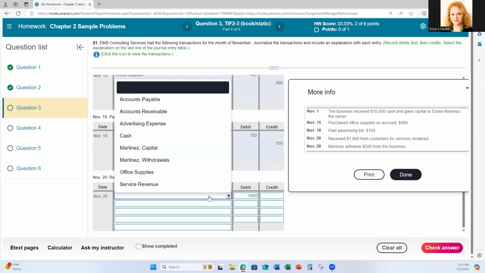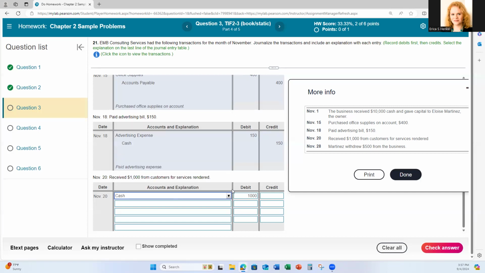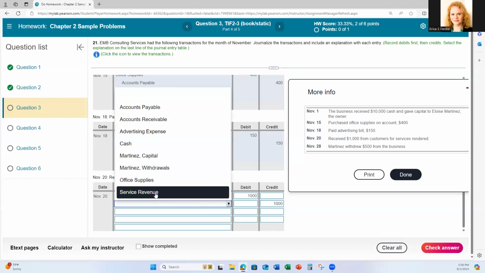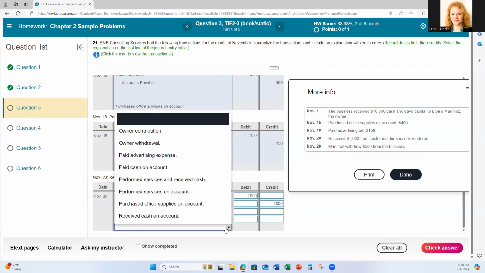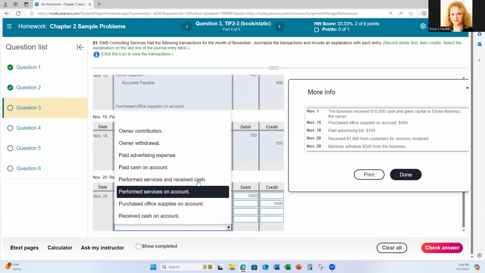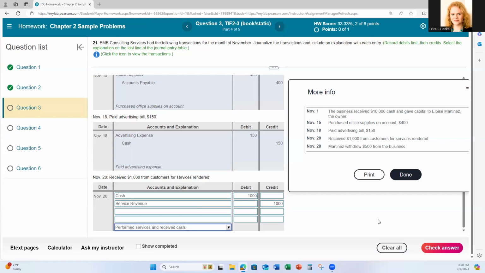And so we're going to show our increase in cash, and then we are going to show that we have recorded revenues for the same amount. So service revenues, and then we're going to put our title: performed services and received cash.